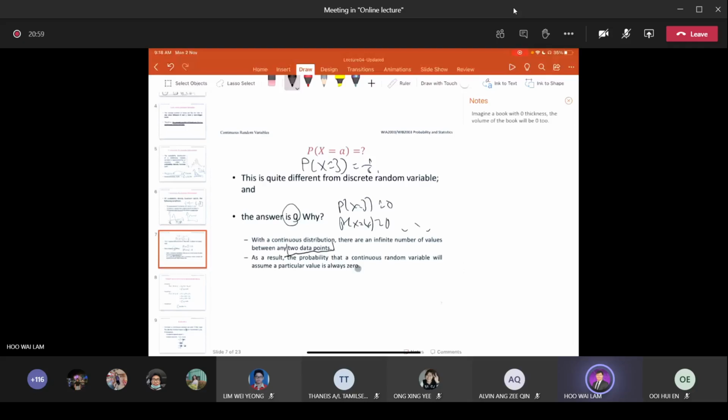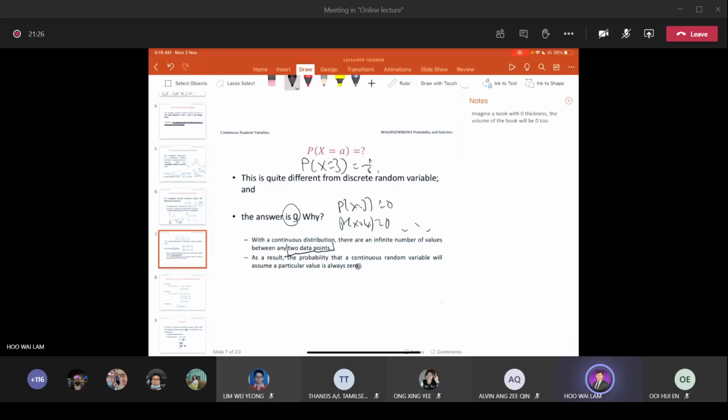But if you have only one data point, you won't be able to estimate any potential range of values. Between one data point, from 1 to 1, it is basically 0. You have nothing there. So as a result, the probability that a continuous random variable will assume a particular value is always 0.